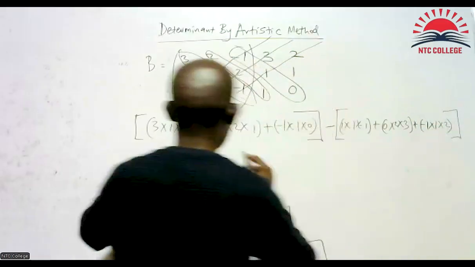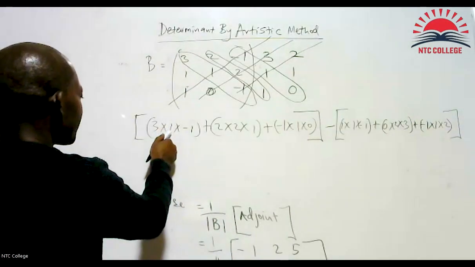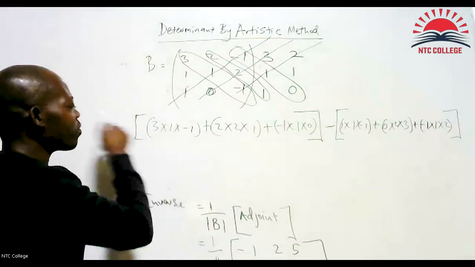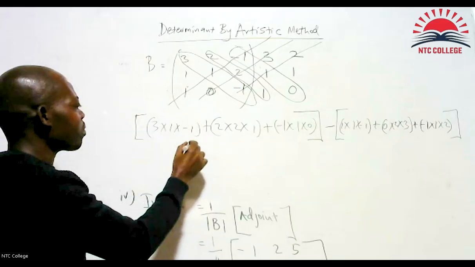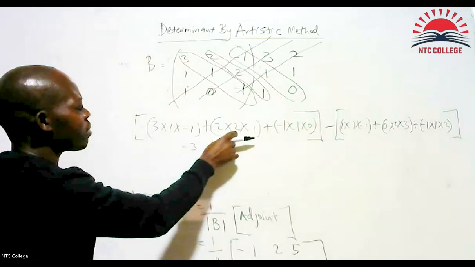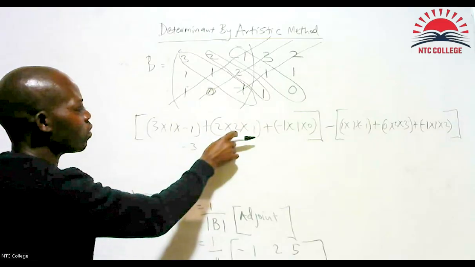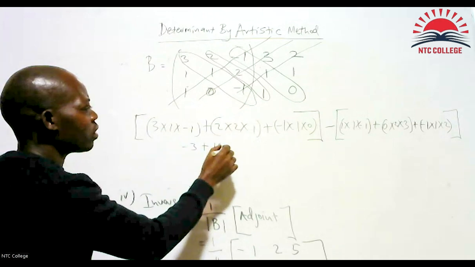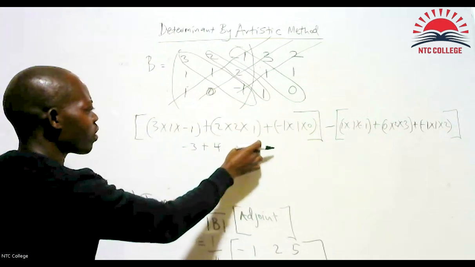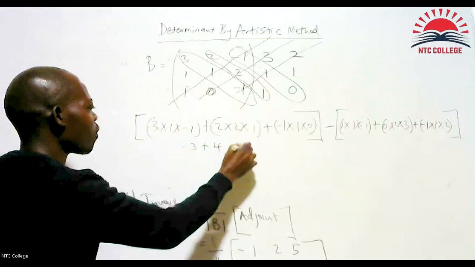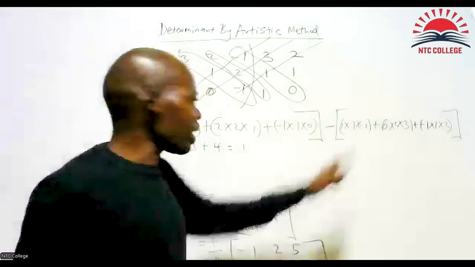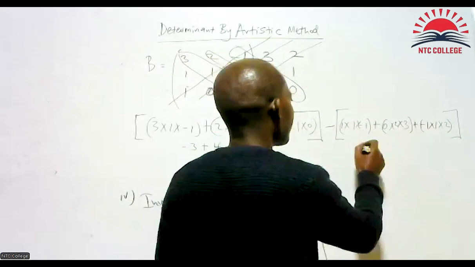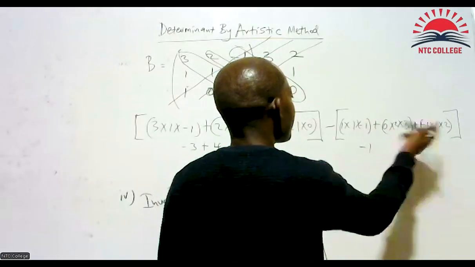And with this, we can summarize. Sorry, I just want to summarize 3 times 1 times -1. That is 3 times -1 is -3. 2 times 2 is 4. So plus 4, this will be 0. So the first big bracket even gives me 1. The second one, 1 times 1 times -1 is just -1. 0 times that would be 0.